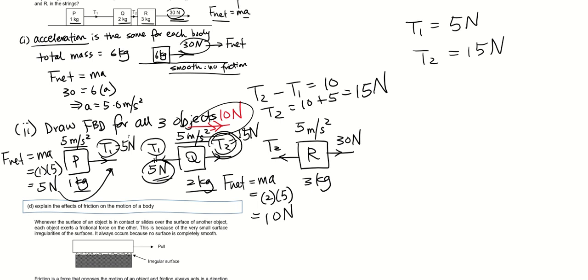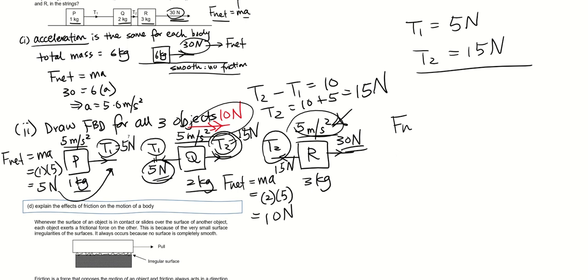Now let us use R to test. If our T2 is really the correct answer of 15 newtons, then by working out the resultant force, I can actually verify that the acceleration is 5. So I'm going to be using T2, which is 15 newtons, and I'm going to use the pulling force of 30 newtons to see that the acceleration is indeed 5 meters per second square.